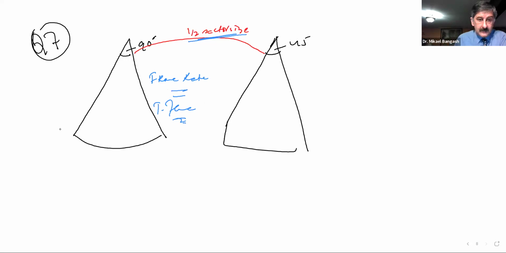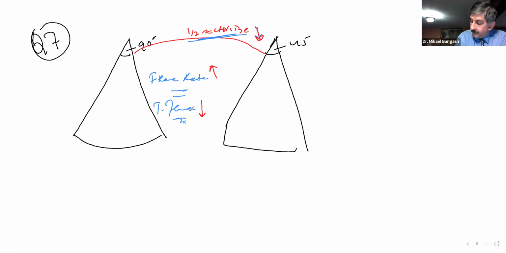Although we know that decreasing the sector size to half would lead to an increase in the frame rate or a decrease in the T frame.